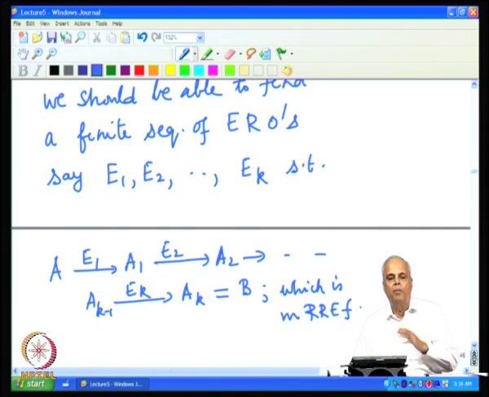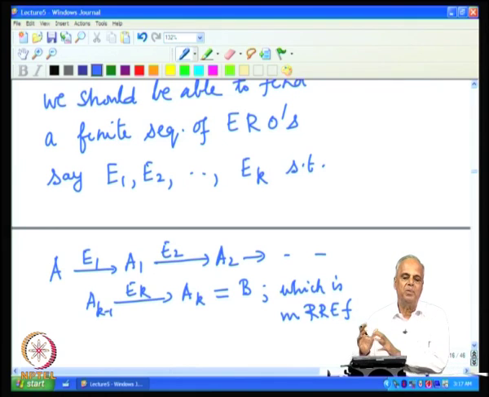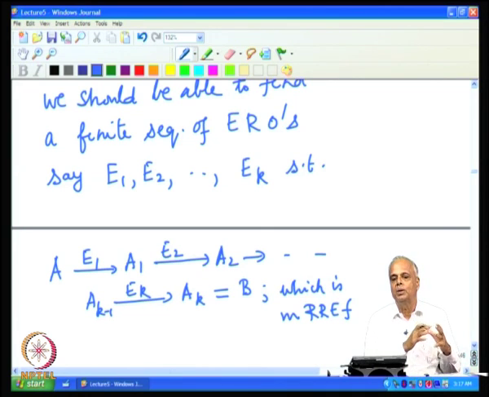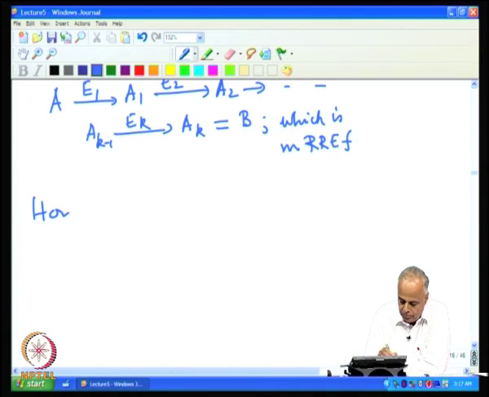which means we must start with the matrix A and develop a sequence of elementary row operations step by step in such a way that after a finite number of steps we end up with a matrix which is in row reduced echelon form. And since we have moved from A to this by only elementary row operations, this row reduced echelon form will be row equivalent to A, and therefore, instead of solving Ax equal to theta m, we can solve Bx equal to theta m. How do we do this?